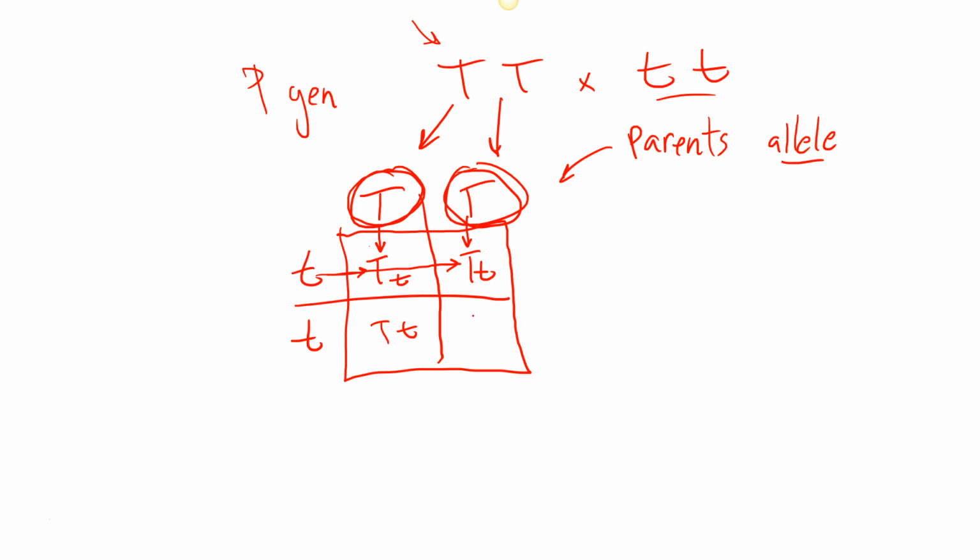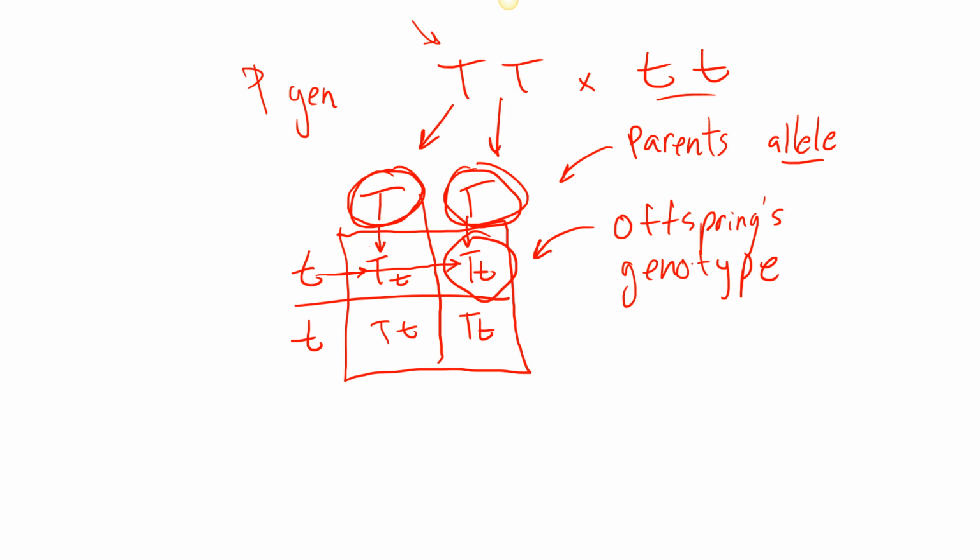What's inside of the Punnett square are the offspring, or rather the possible offspring genotypes.